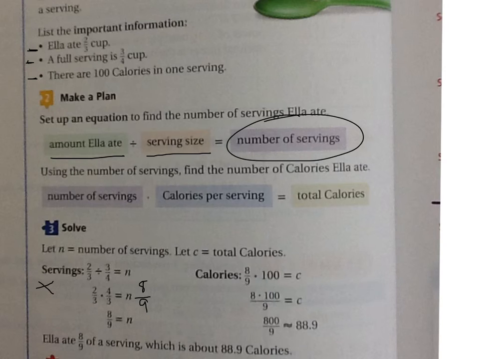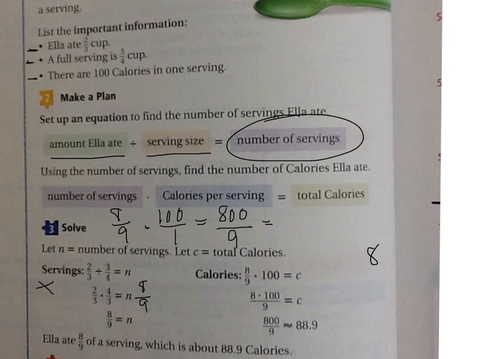Then it says, using the number of servings, you need to multiply it by how many calories there are per serving. So we're going to take 8/9, the number of servings, times how many calories were in one serving? 100. Put it over 1. Multiply across the top. Multiply across the bottom. And then simplify.